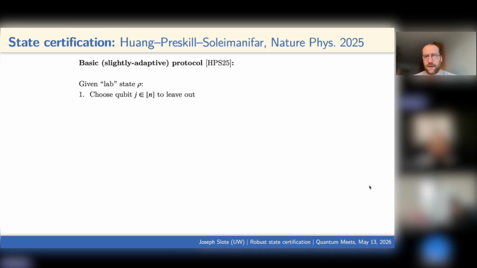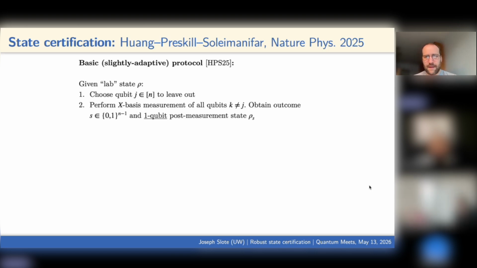You have your lab state, the mystery state rho that you have copies of. You randomly choose a qubit j to leave out, uniformly at random. Then you measure all of the other qubits in the x basis, the simplest measurement you can imagine. You get some outcome, which is a bit string of length n-1, as well as a 1-qubit post-measurement state rho sub s.